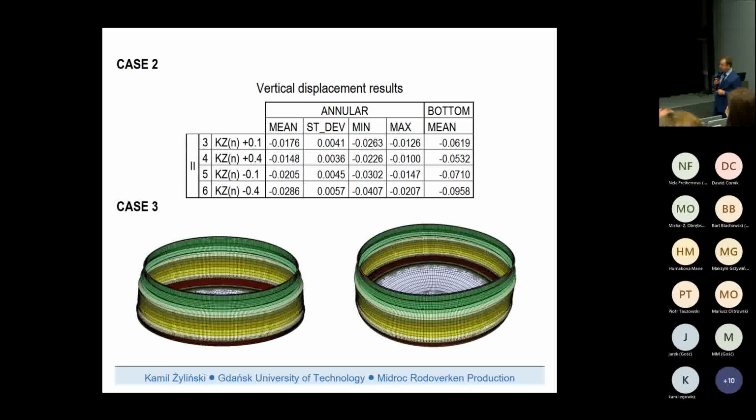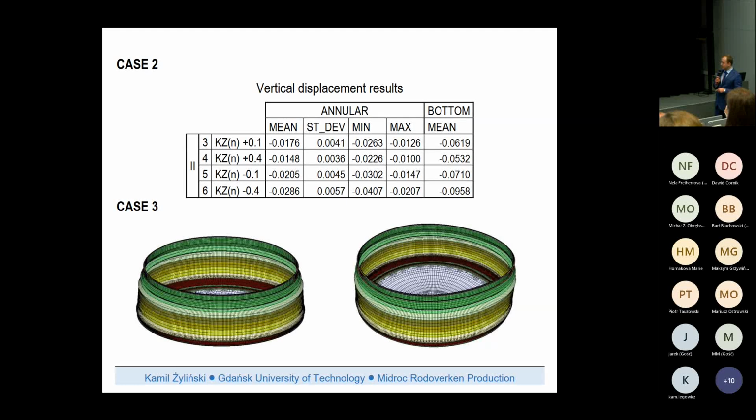The second case considered a wider dispersion of the input data, because the parameters were considered with a plus minus 40% variation of the input data. And we can also see some results for the bottom and annular plate vertical settlements. The third case was the most interesting.